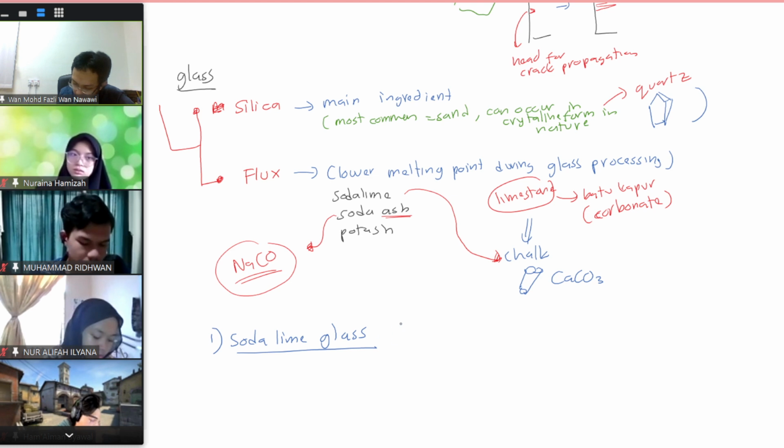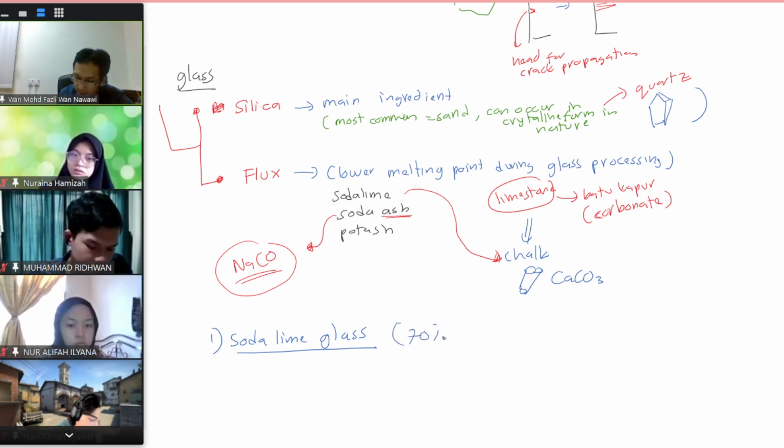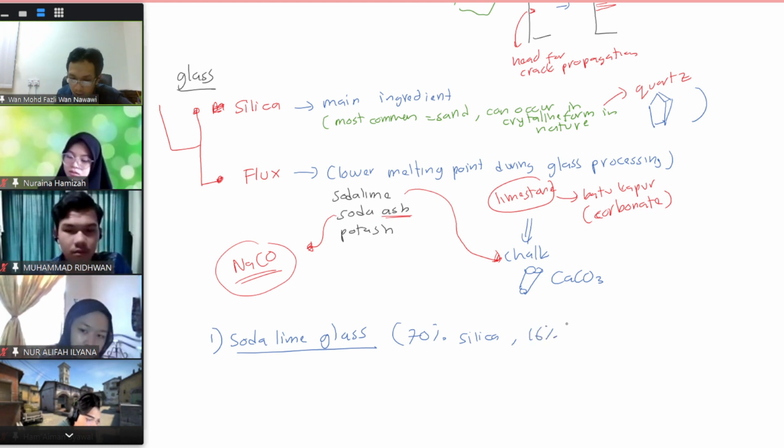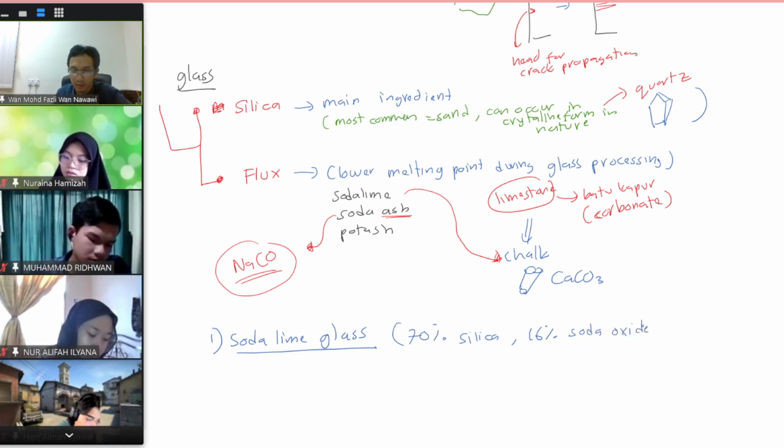So soda lime glass is basically 70% silica, and they have 16% soda oxide lah, and maybe 5% lime, and so on lah, and maybe some potash.